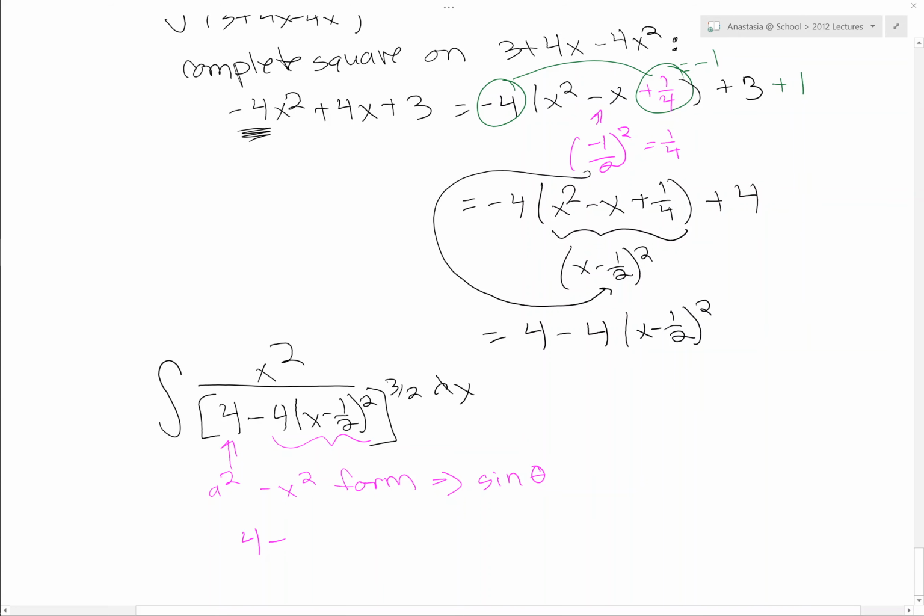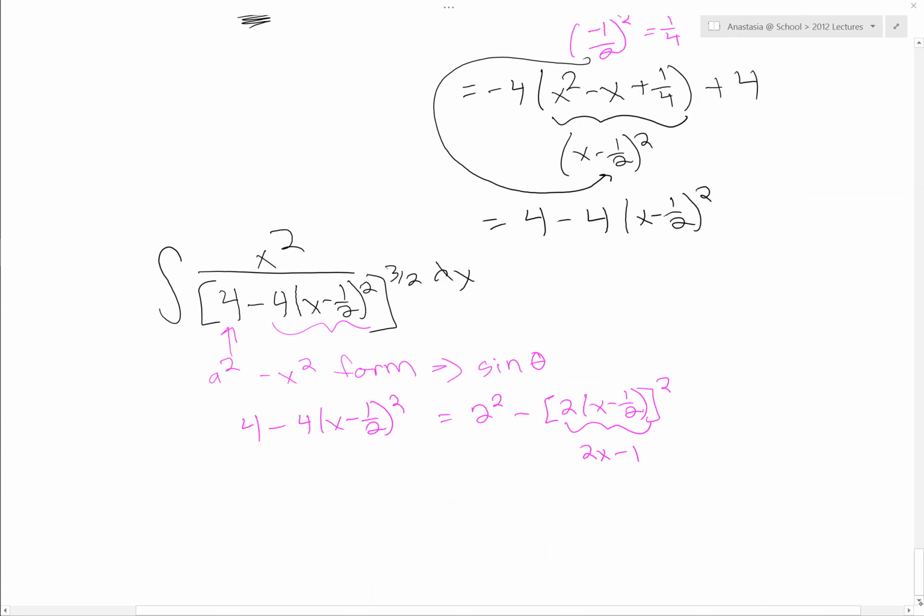So 4 minus 4 times x minus 1/2 squared, I can write that as 2 squared minus 2 times x minus 1/2, all squared. And this can be distributed to be 2x minus 1. So I have 2 squared minus 2x minus 1 squared, and that makes it a little bit easier to see what our substitution is going to be.